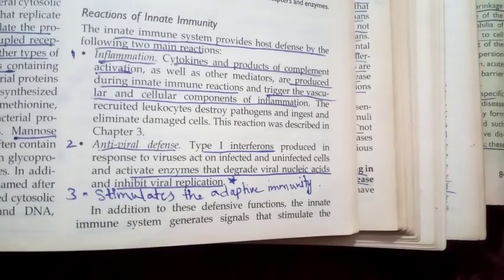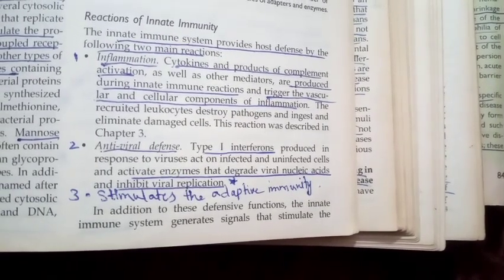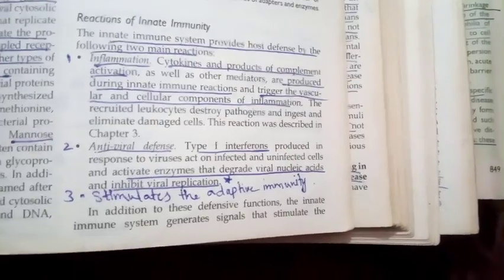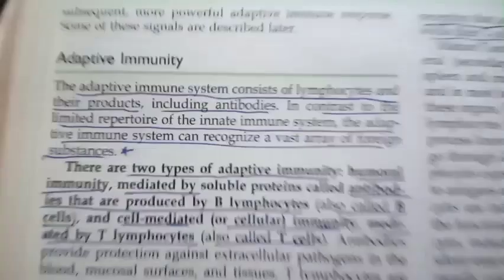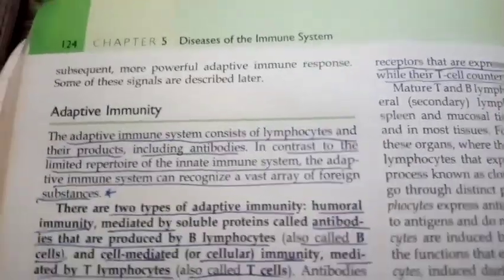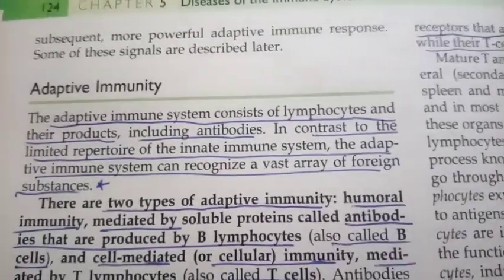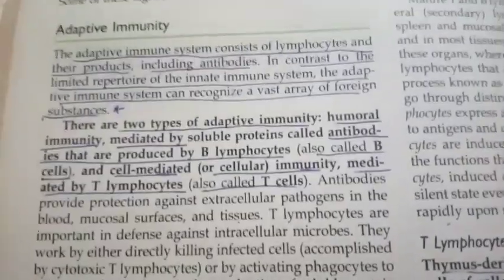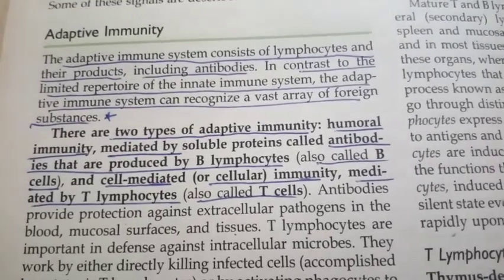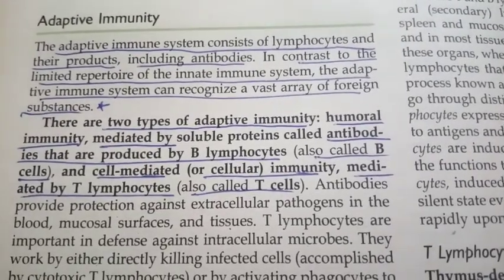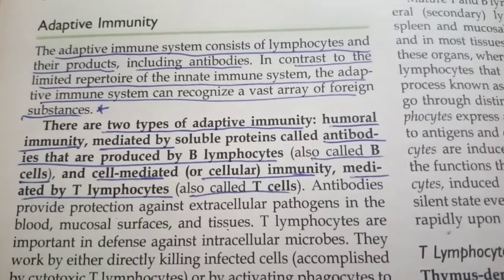In addition to these defense functions, the innate immune system generates signals that stimulate the subsequent, more powerful adaptive immune response. Some of these signals are described later. The adaptive immune system consists of lymphocytes and their products, including antibodies.